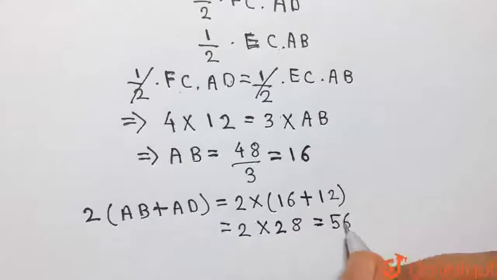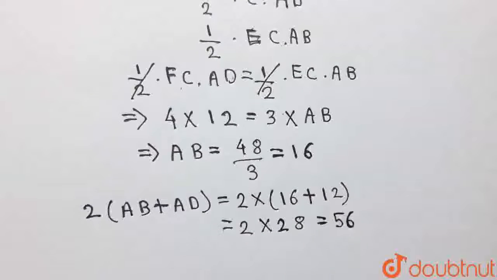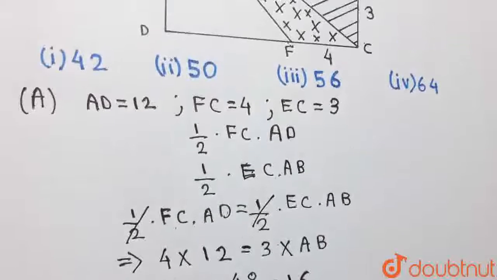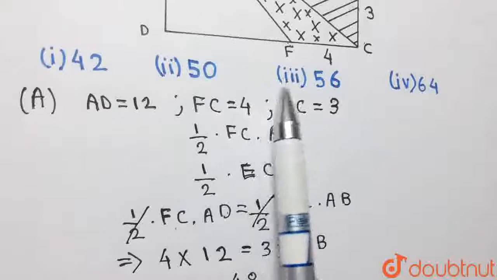So we have found that the perimeter of the rectangle given to us in the question is 56, hence the correct answer is 56. Going through the options, we can see that option number 3 is the correct option.